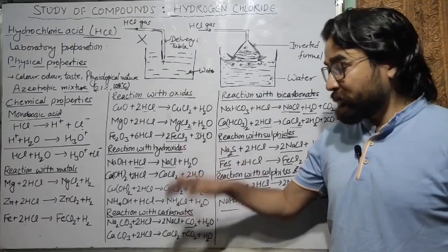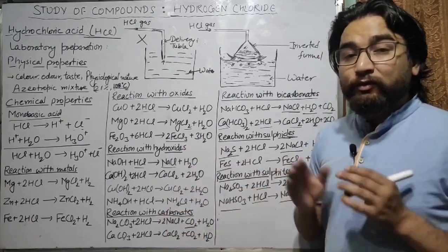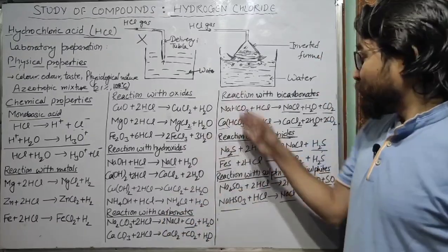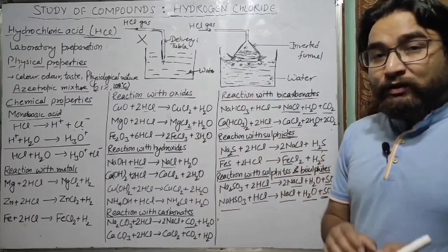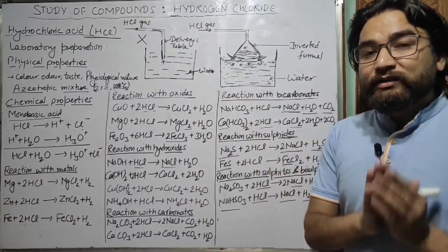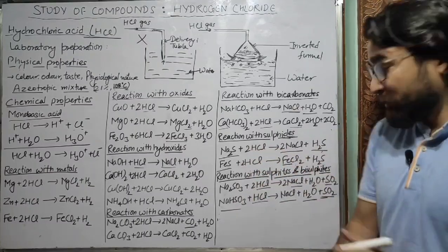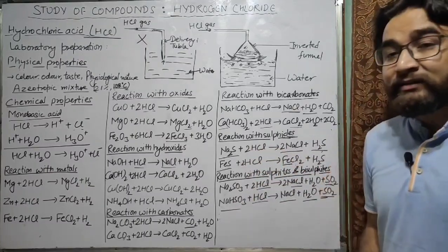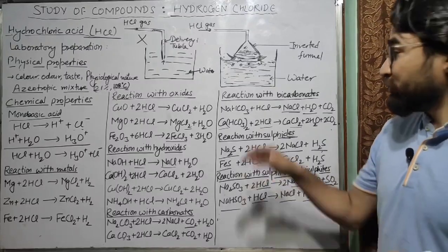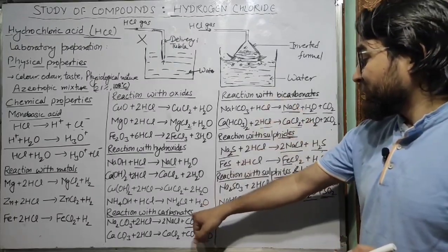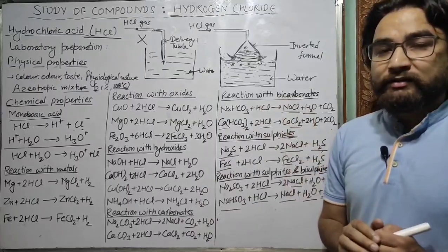So what are the points to be remembered? With carbonates it will give carbon dioxide, with sulfides it will give H2S, that is hydrogen sulfide gas, and with sulfites and bisulfites it will give sulfur dioxide gas. So these are the points to be remembered.